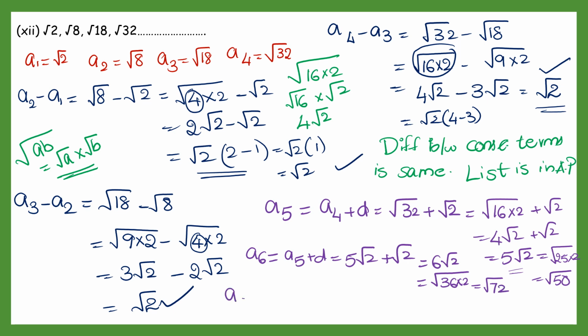Now, the seventh term, A7, is nothing but the sixth term plus D. Let's take this 6 root 2. Addition will be easier. 6 root 2 plus root 2 is 7 root 2.